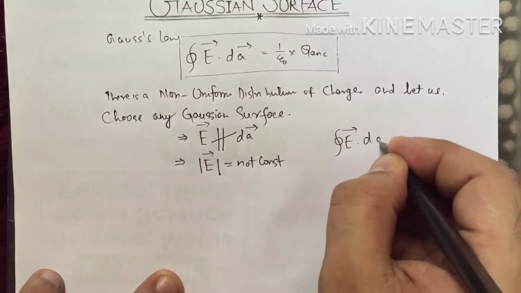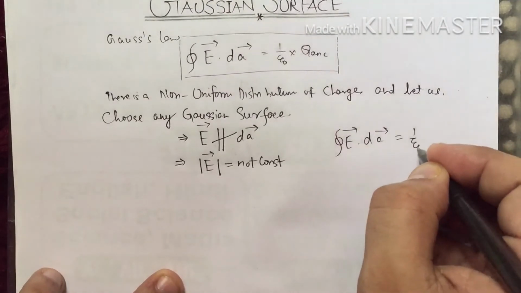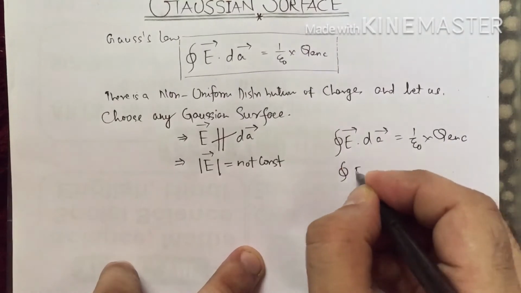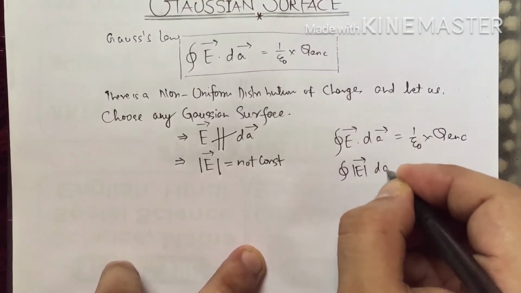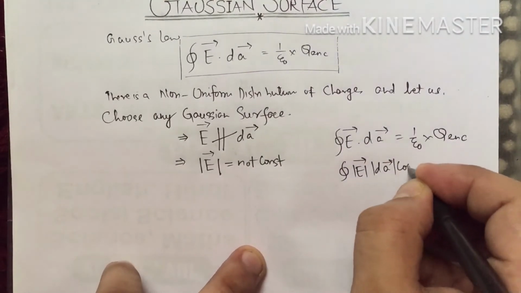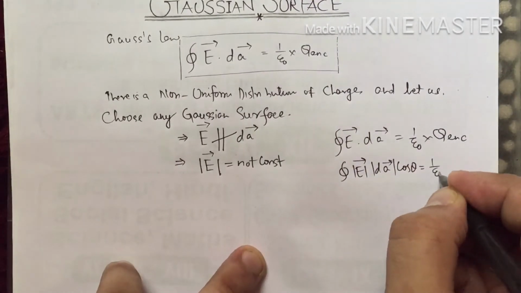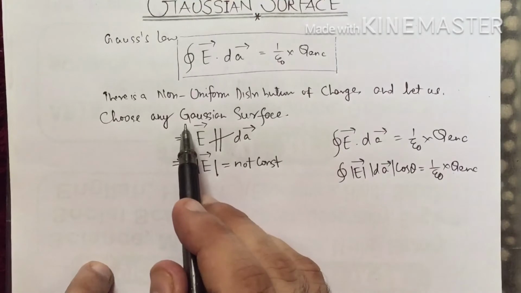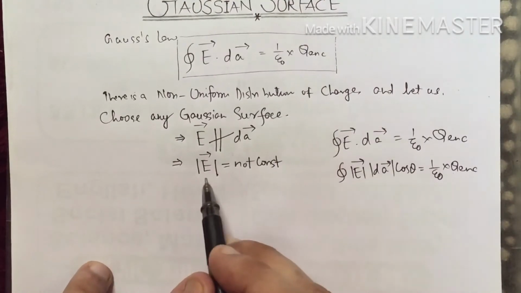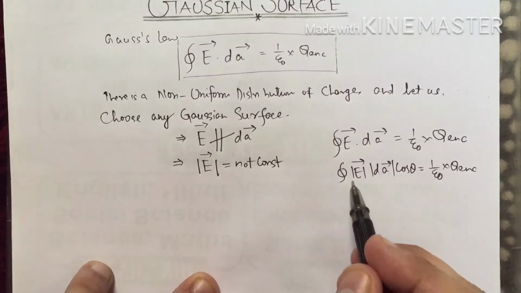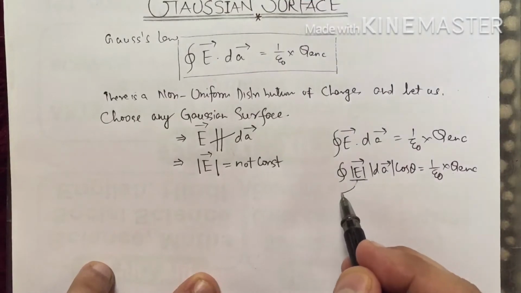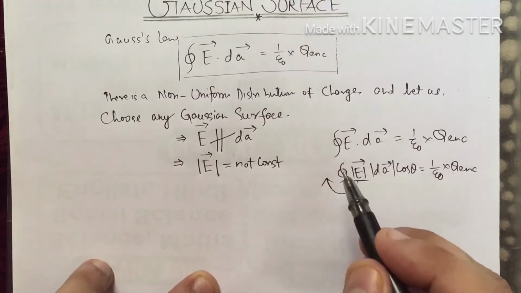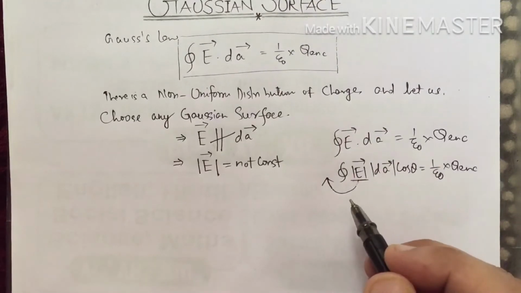in this integral we can write magnitude of E, magnitude of dA, cos theta is equal to 1 by epsilon naught times Q enclosed. So if we have chosen any Gaussian surface, the magnitude of electric field will not be constant, and this electric field will not come outside of this integral, and hence we cannot calculate the electric field, which is the required case.